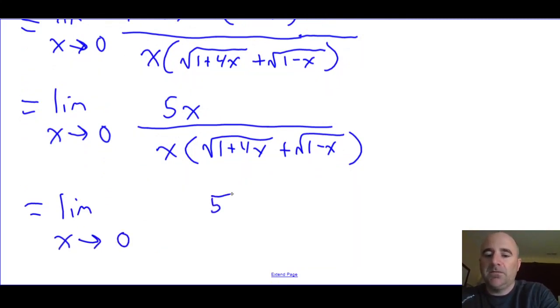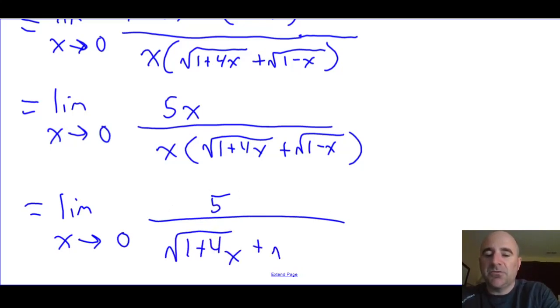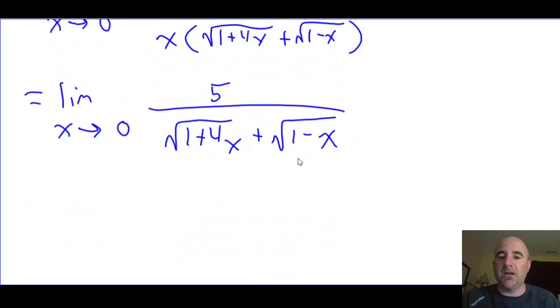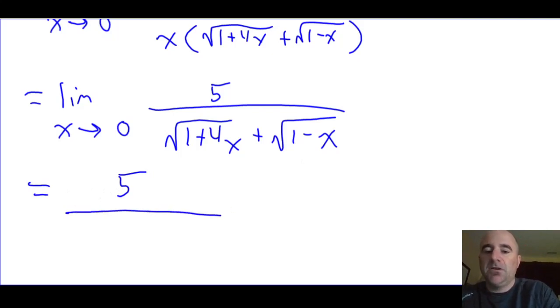I get 5, all divided by the square root of 1 plus 4x plus the square root of 1 minus x. And that is something that is no longer in indeterminate form. You can sub in x equals 0. You get 5 over the square root of 1, which is just 1, plus 1, you get 5/2.